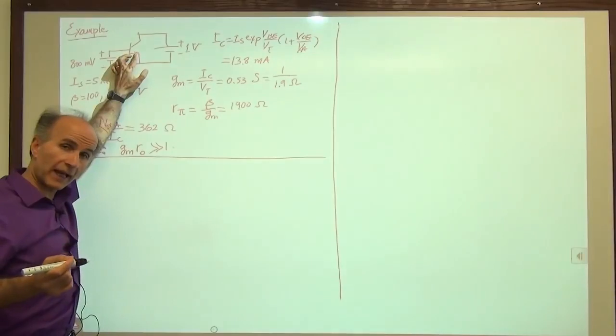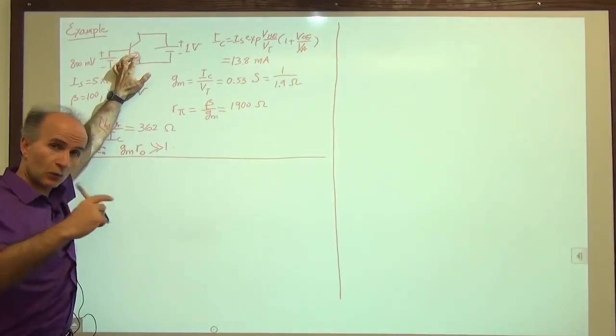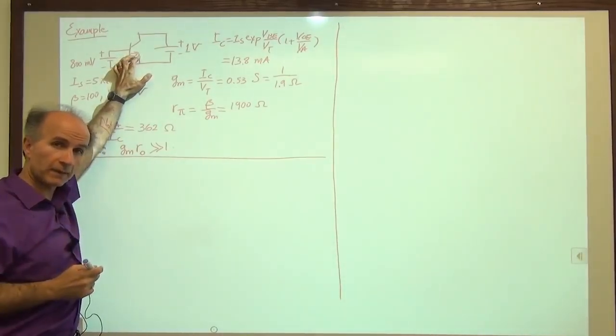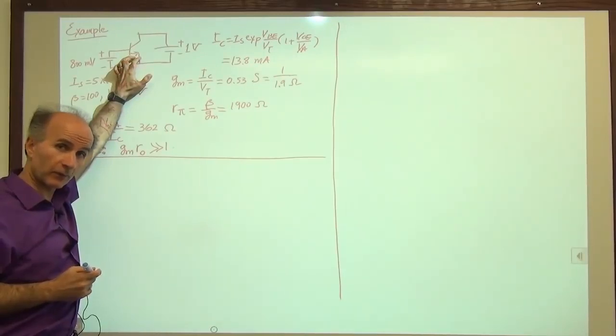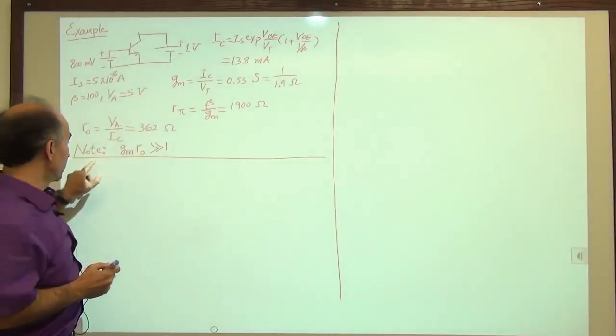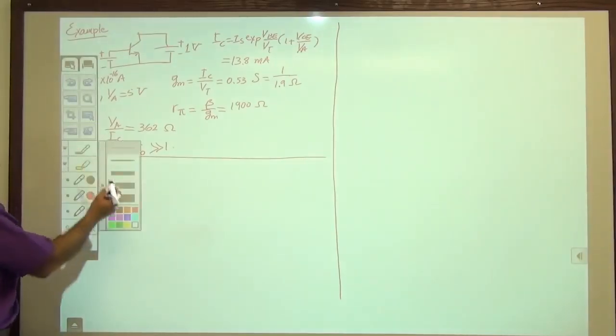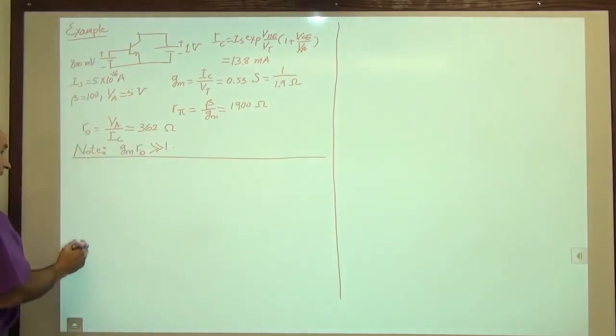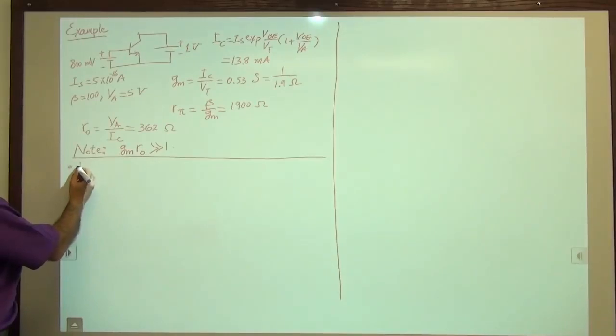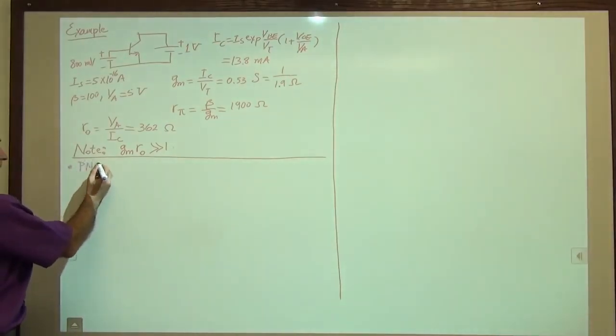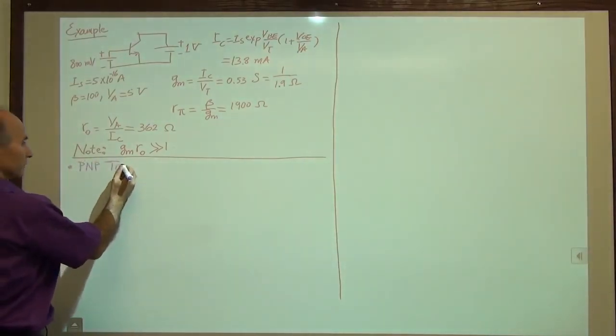So one may naturally ask, can I swap these dopings and create a different type of transistor, which we will call the PNP transistor. So let's change the color, and we go to the PNP transistor.